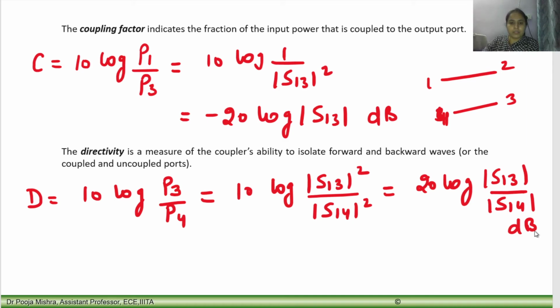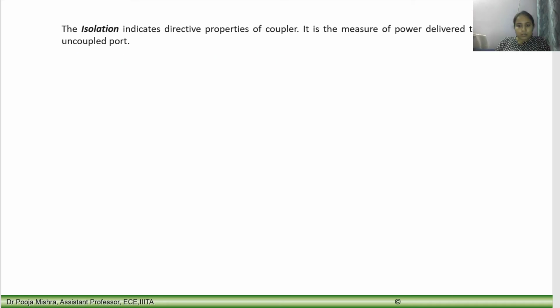So next comes isolation. Isolation determines the directive property of the coupler, and it measures the power delivered to the uncoupled port. For an ideal coupler, what should happen? If you are sending the signal from port 1, it should appear at the through port and the coupled port, and it should not appear at port 4, which is the isolated port.